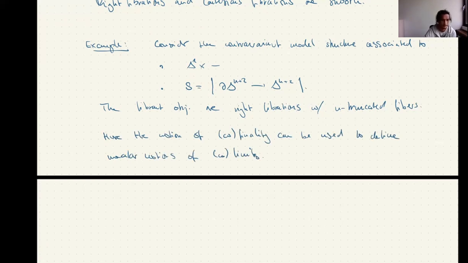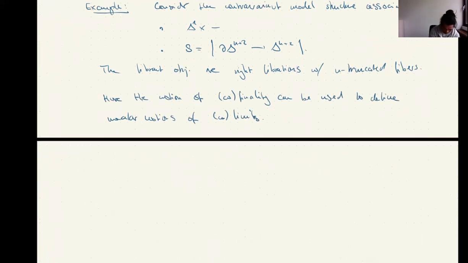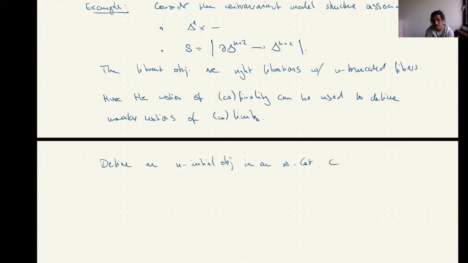So for instance, define, say, an n-initial object in an infinity category C, or a simplicial set if you want, to be an n-cofinal map from the point to C. So n-cofinal is then the notion of a cofinal morphism with respect to this localized model structure.